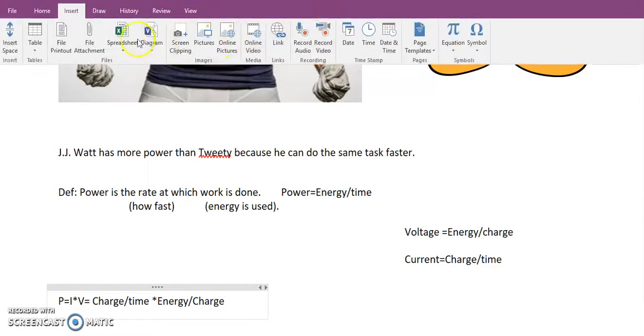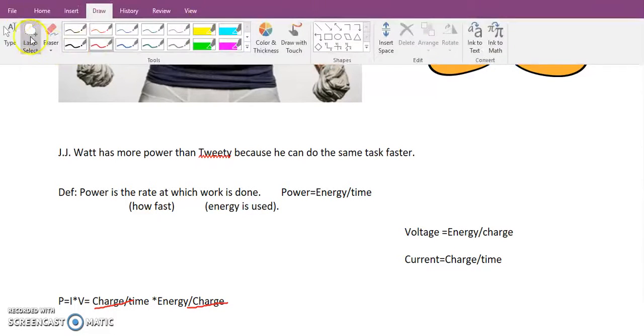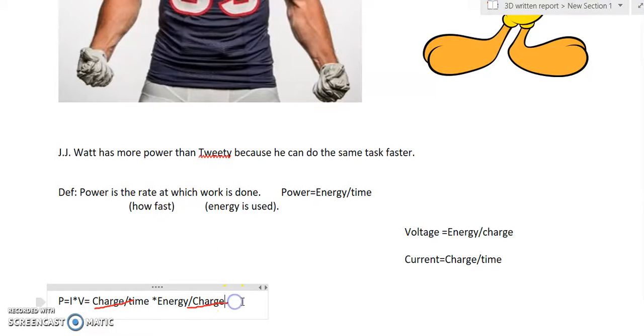Well, the charge cancels out, doesn't it? You can cross out charge, and then I'm going to end up with energy over time, which is power. That's perfect.